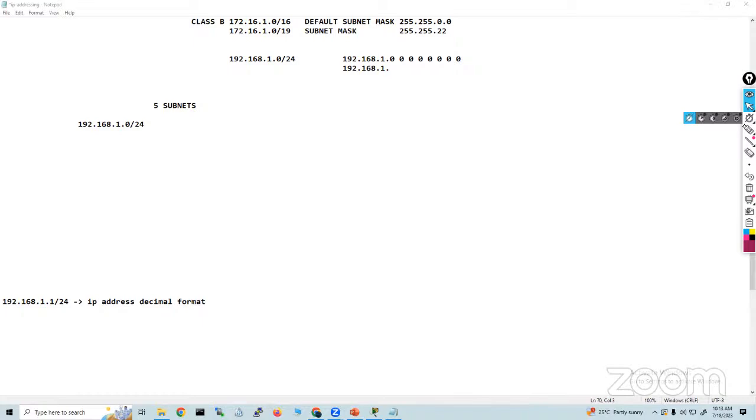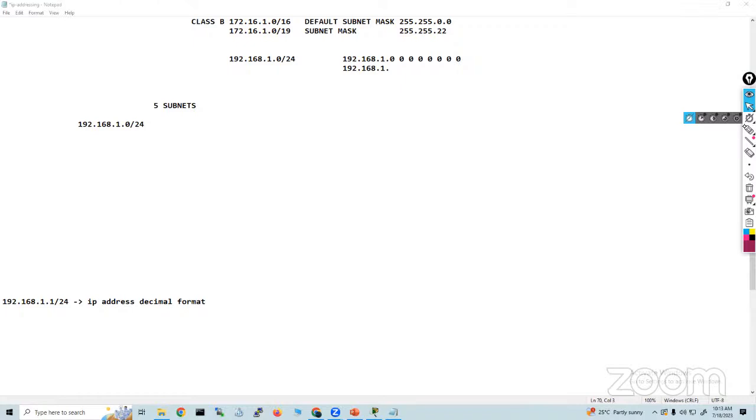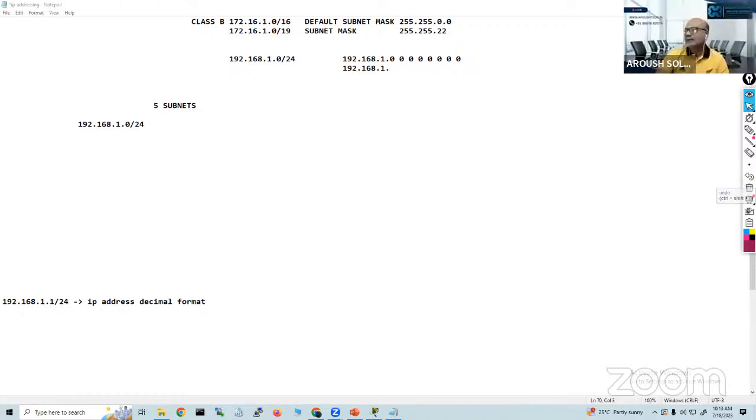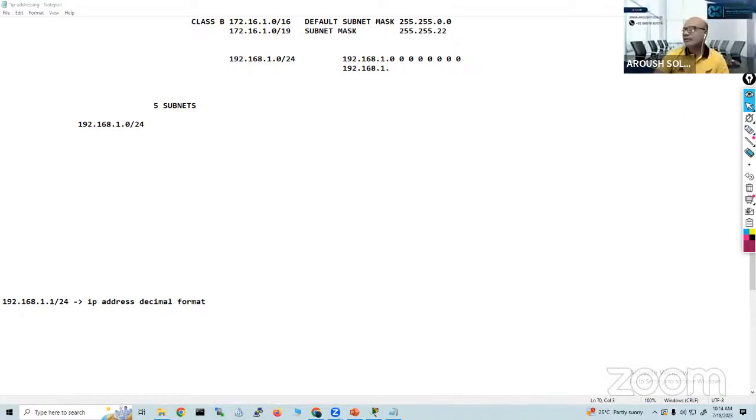Or 5 networks? 5 subnets. The confusion is how do we derive 2 raised to the power 3 and then 2 raised to the power 5? What is the formula here?